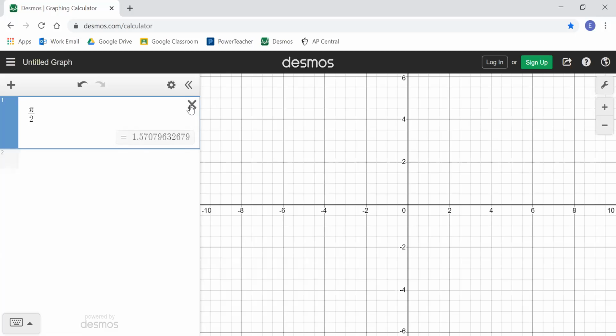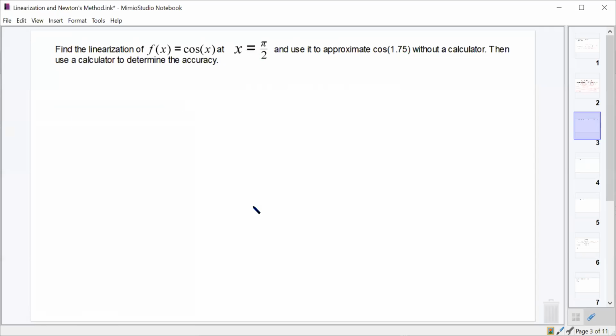Fairly close. Not as close as the last one, 1.0 to 1.02, but still pretty close. So we're going to say that f of x is equal to cosine x, and we're going to use the linearization at 1.75. So f of 1.75 ought to approximately equal L of 1.75.